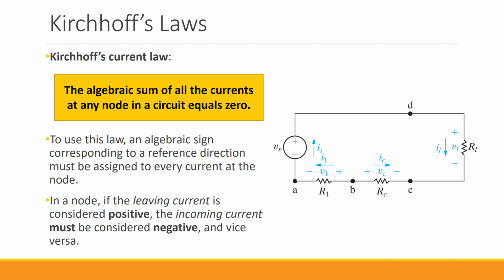So I have node A, node B, node C, and node D. Kirchhoff's current law states that the algebraic sum of all the currents at any given node in a circuit equals 0.